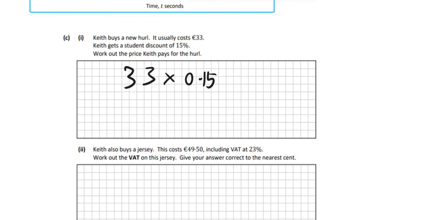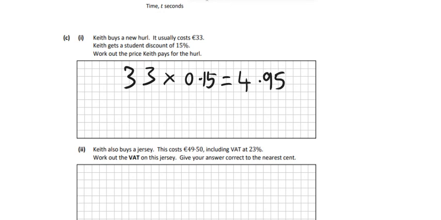And that's 4.95. Then you can take that away from the 33, and that's 28 euro and 5 cents.